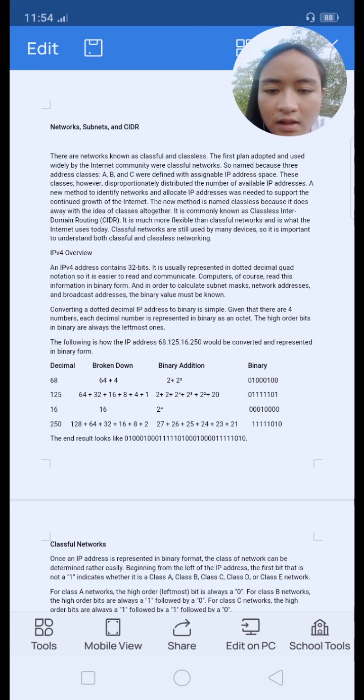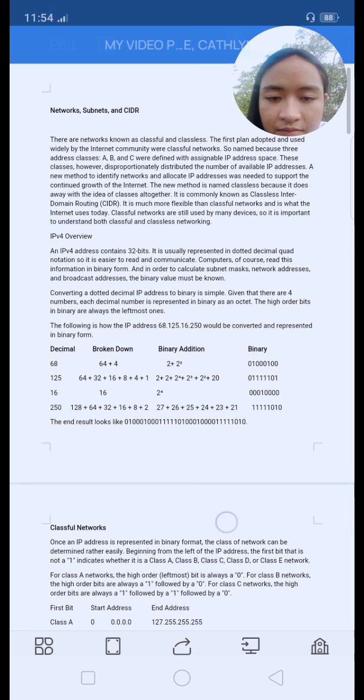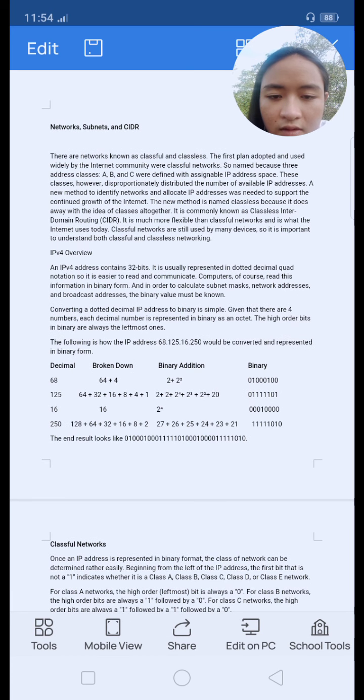For the decimal 250, in binary addition, we have 2 to the power of 7 plus 2 to the power of 6 plus 2 to the power of 5 plus 2 to the power of 4 plus 2 to the power of 3 plus 2 to the power of 1.